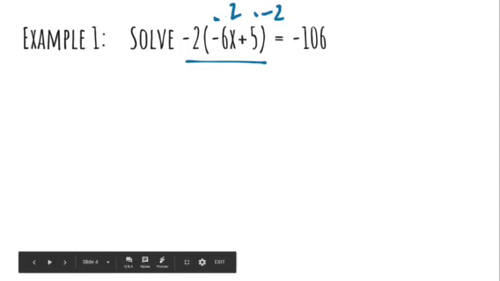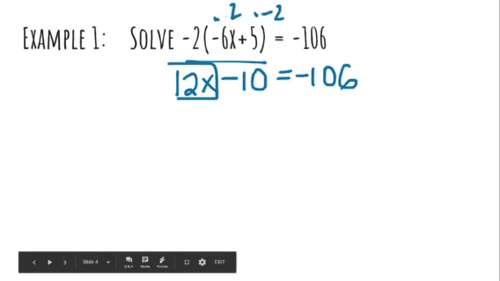And so I get positive 12x, -6 times -2 is positive 12, and then positive 5 times -2 is a -10. The next step was to get all the variables on the same side, but I only have variables here, and so I can skip that step.